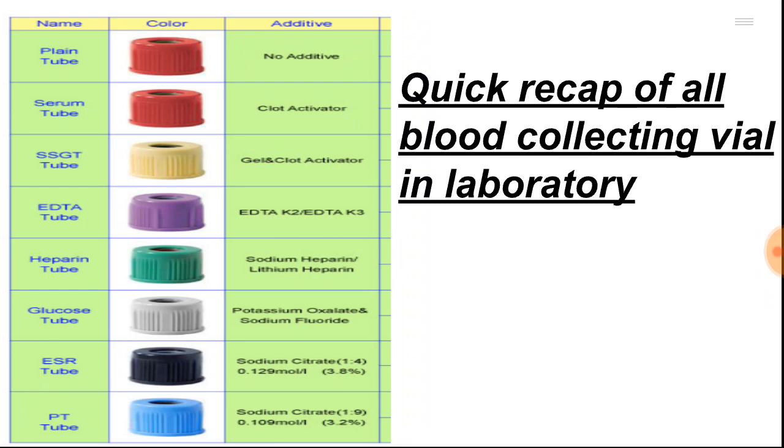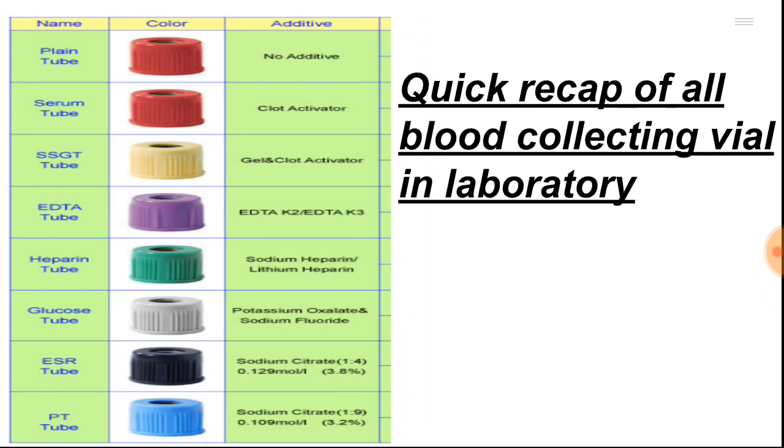Then the EDTA tube, or purple color tube, where the disodium, dipotassium, or tripotassium salt of EDTA is present as anticoagulant. Then the green vial or heparin tube, where sodium heparin or lithium heparin is present as anticoagulant.